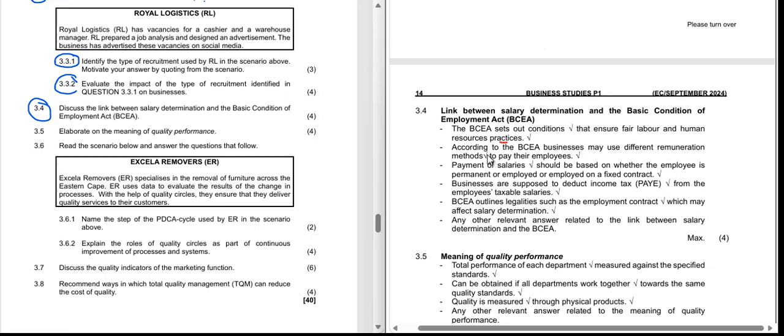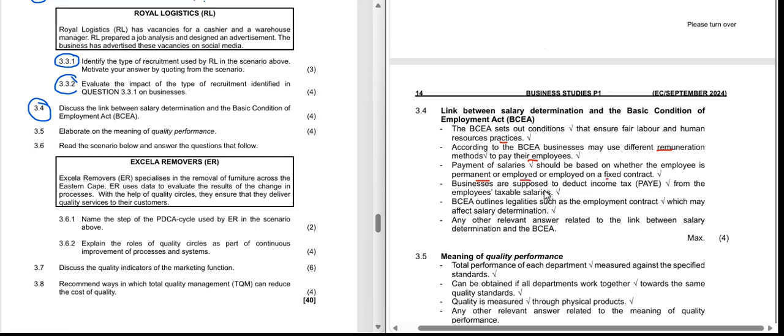So the salary determination method that you're going to choose has to be in line with what the Basic Conditions of Employment says. So businesses may use different remuneration methods to pay their employees, and payment of salaries should be based on whether the employee is permanent or employed on a fixed contract.